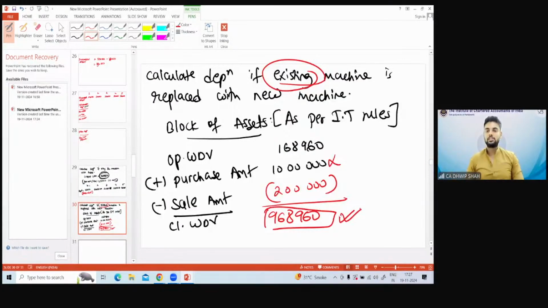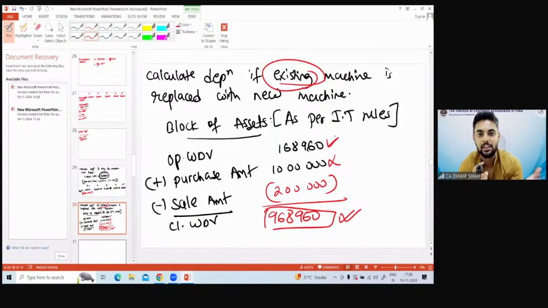Everyone understood this? This is a very unique point of this question. This is the important part of this question, that you have to provide depreciation on block of asset basis. So what is block of assets as per income tax? You take opening WDV of all the assets under that block. Can I say as on the date of purchase, this would be my opening WDV? Correct?